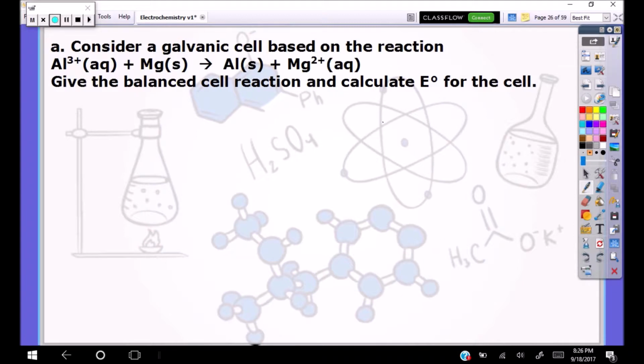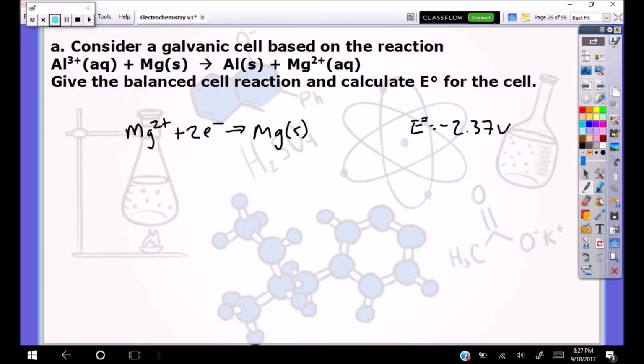We've got one half reaction, Mg2 plus plus 2 electrons, and we get magnesium solid, and a cell potential of negative 2.37 volts.